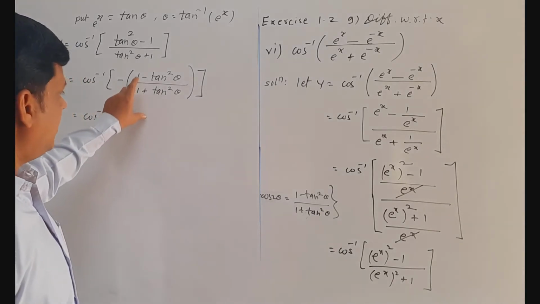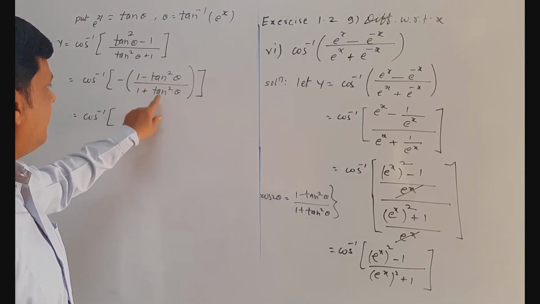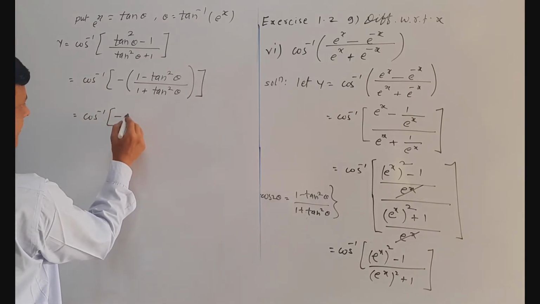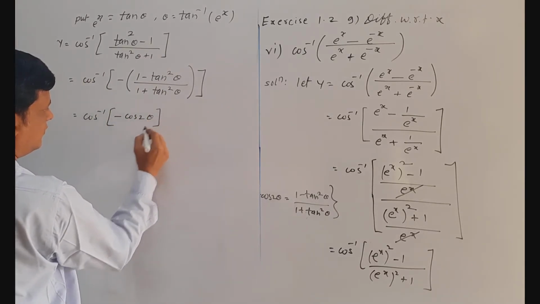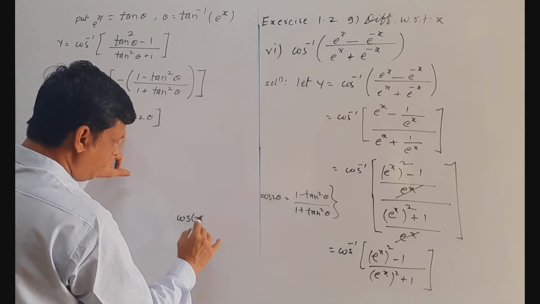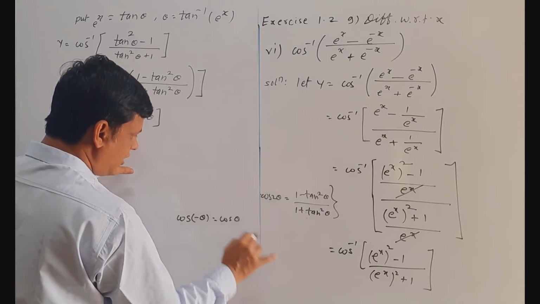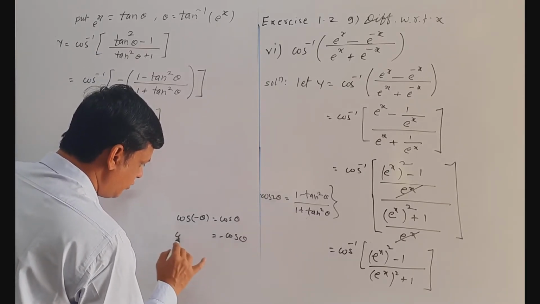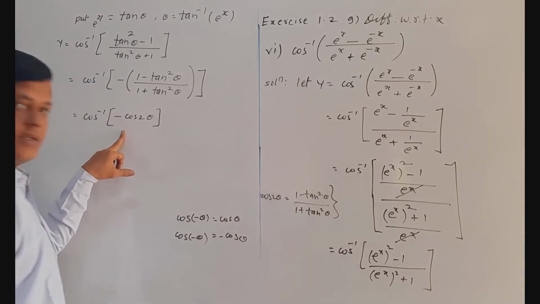So here this 1 minus tan square theta and 1 plus tan square theta we replace by cos 2 theta. So write here minus cos 2 theta. So don't confuse with the formula cos of minus theta is equal to plus cos theta, not equal to minus cos theta.